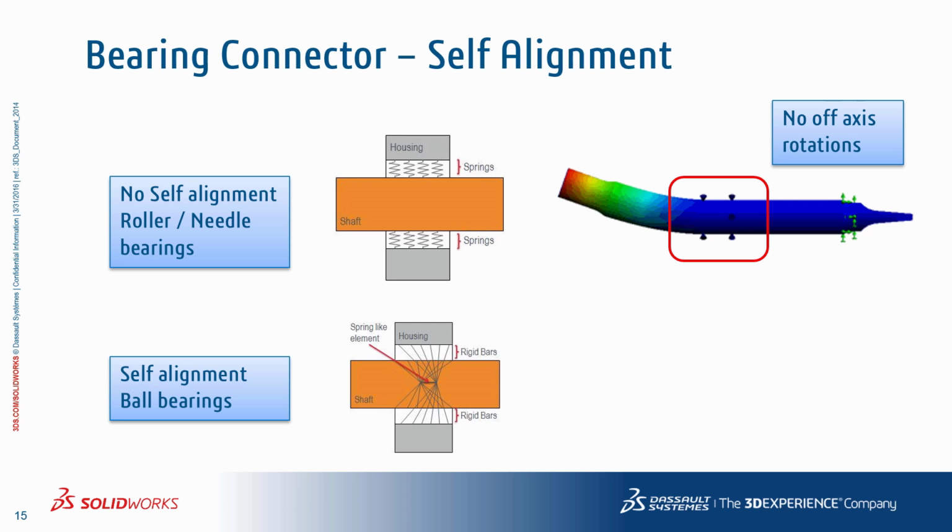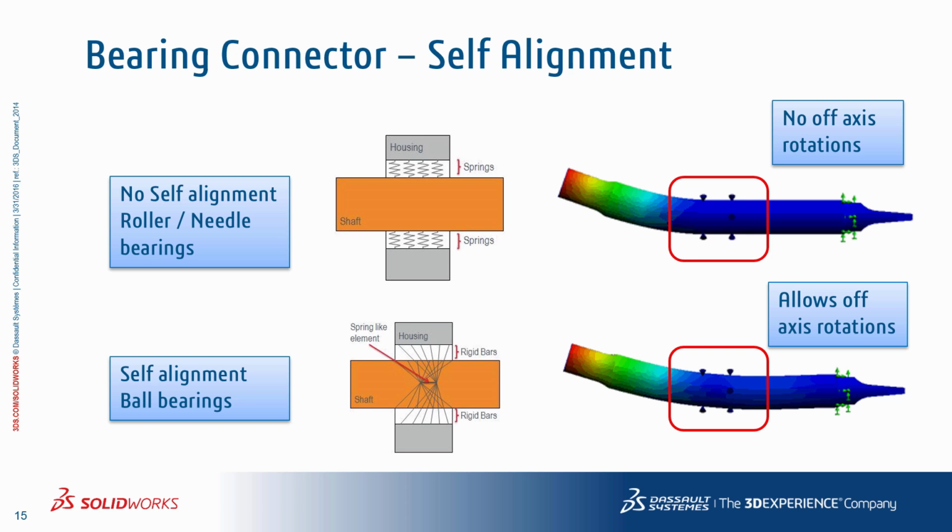Now the spring-like element is connected by rigid bars to the entire surface of the shaft you have selected, and also to the entire surface of the bearing housing face selected in the connector definition. And clearly here with this bearing connector, you can see the results show the off-axis rotation around the bearing surface.